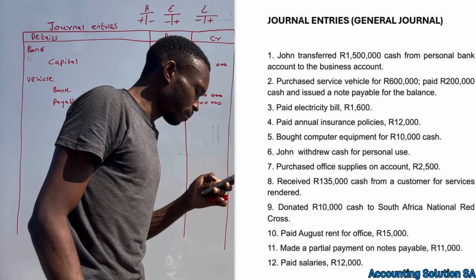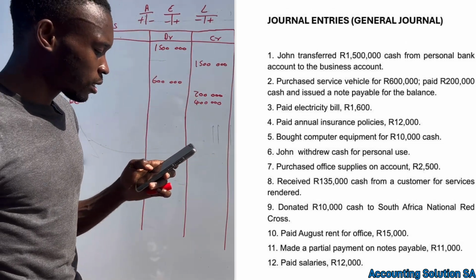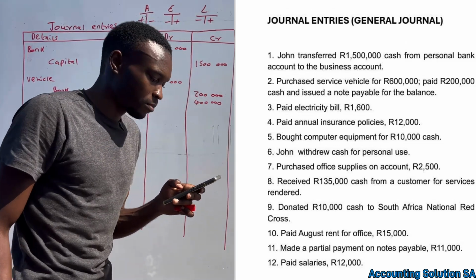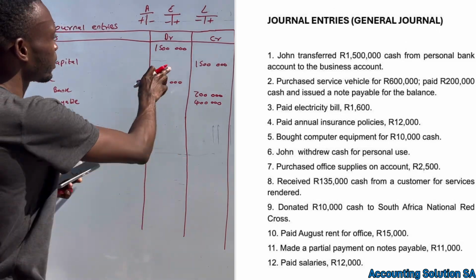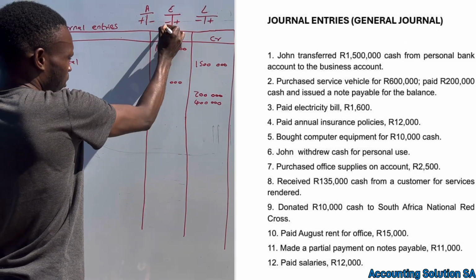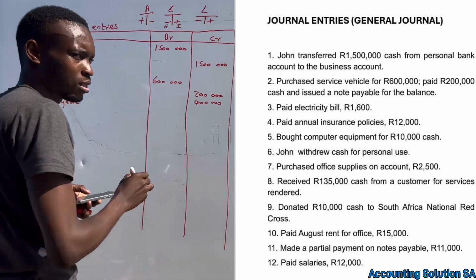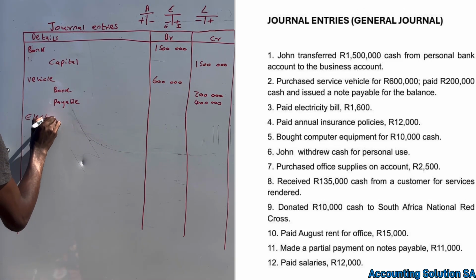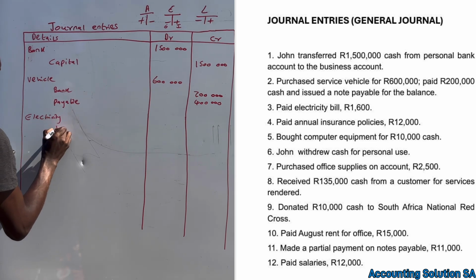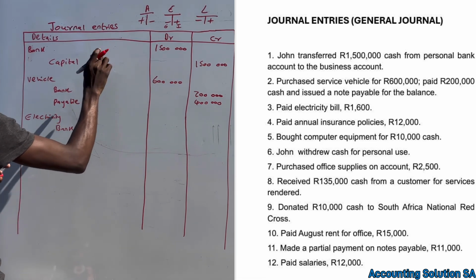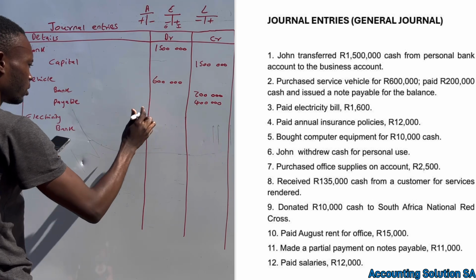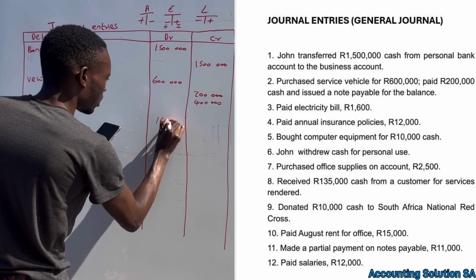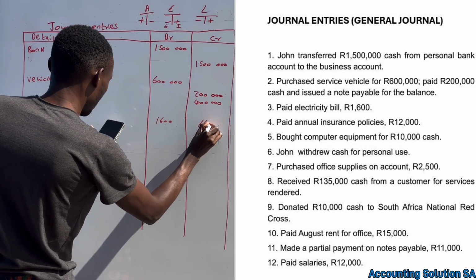Okay, number 3, paid electricity bill of 1,600. Electricity is an expense. Expenses this side, income this side. So we are going to say electricity, and we paid through cash. Bank is decreasing. The amount is 1,600.